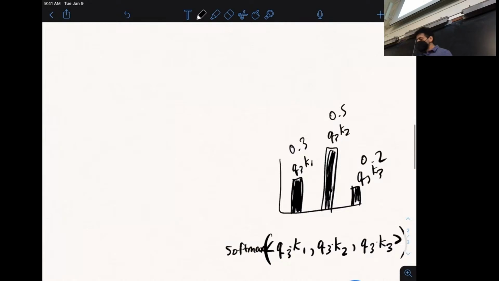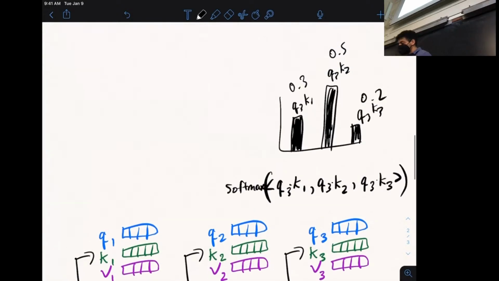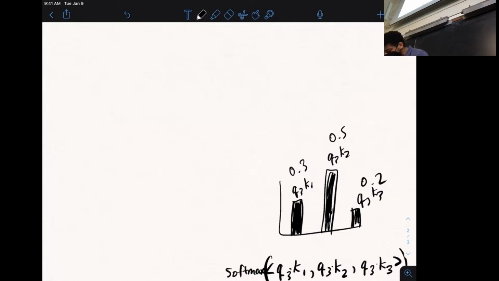So now, in the recurrent neural network, I would just use these scores to compute a weighted average of the key vectors themselves. But in this new formulation, I have these value vectors, which are additional parameters. And so I'm going to actually use these scores to compute a weighted average of the value vectors. So maybe I'll write that now. Use attention scores to compute weighted average of value vectors.